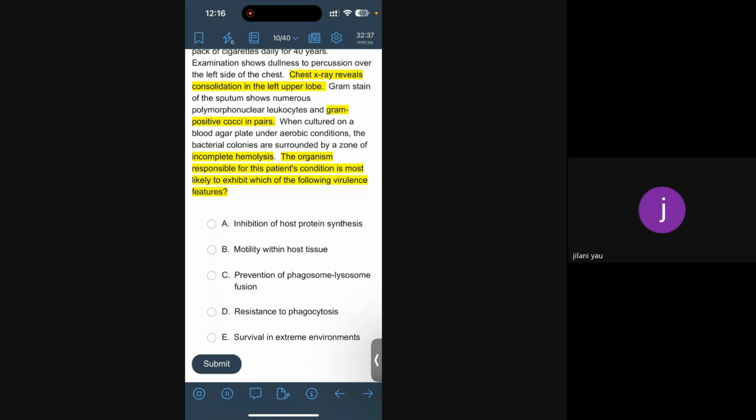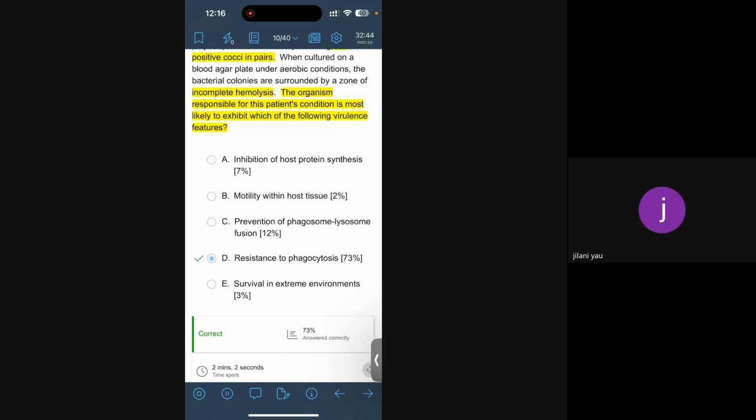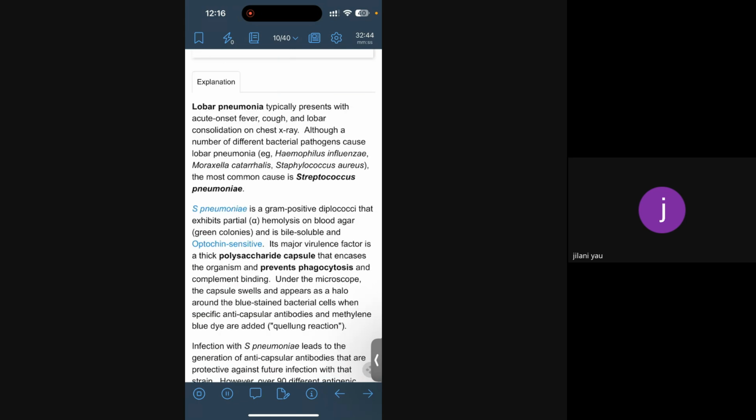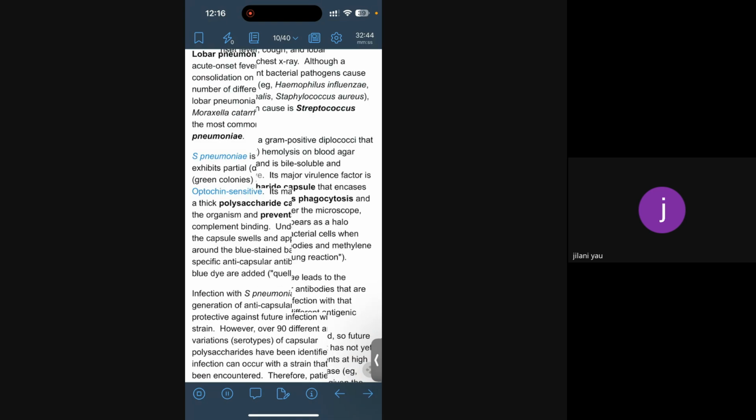D, resistance to phagocytosis, and complement-mediated hemolysis. So D is going to be the answer. Strep pneumo, lobar pneumonia, polysaccharide capsule. It is optochin sensitive and bile soluble. The vaccine contains no strain.